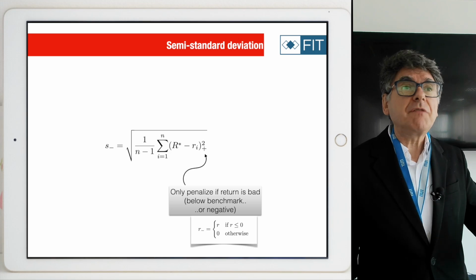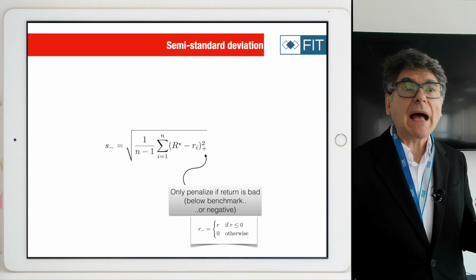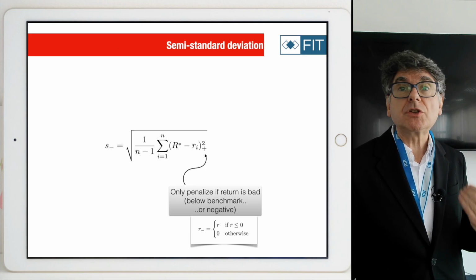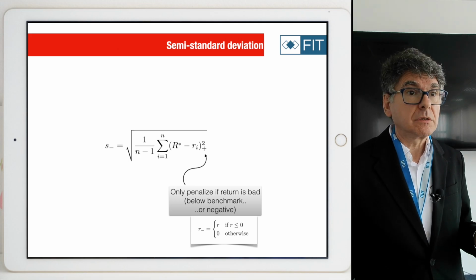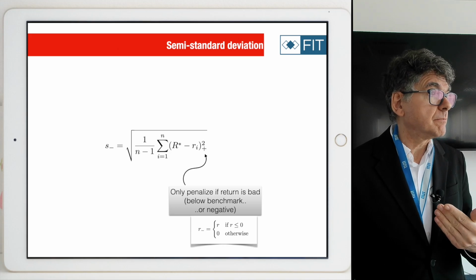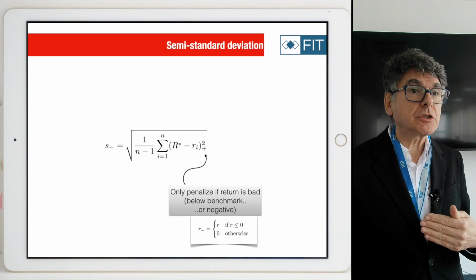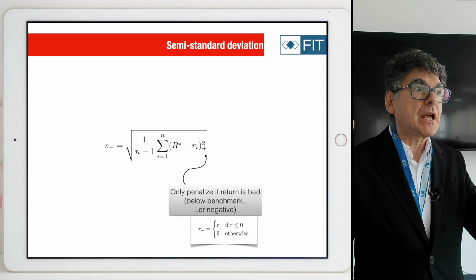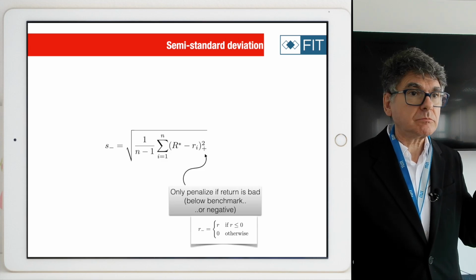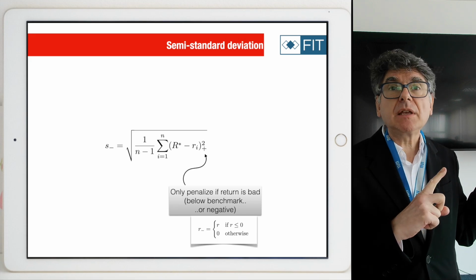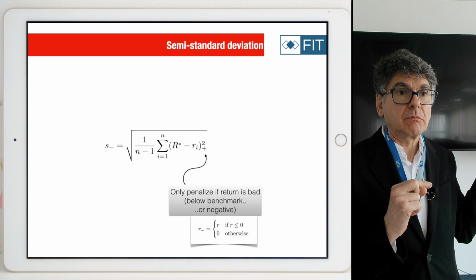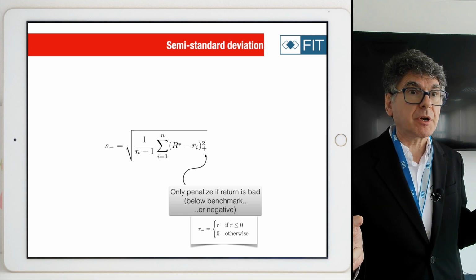So if my monthly return is bad, is negative, yes, I keep that number. But if it's good, I throw it away. It should not contaminate my bad risk measure. So I only keep the numbers where I am below the benchmark. And I see by how much I'm below the benchmark, right?